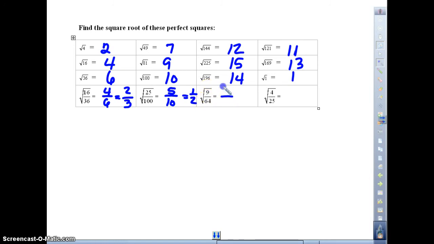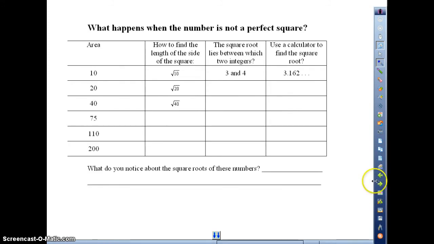Yeah, that's going to be 3 over what? And here, what fraction times itself gives you 4 over 25? 2 over 5. There you go. All right, moving on. Flip it over to the back side.